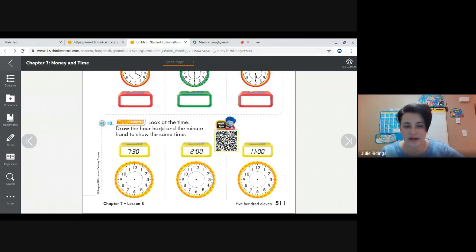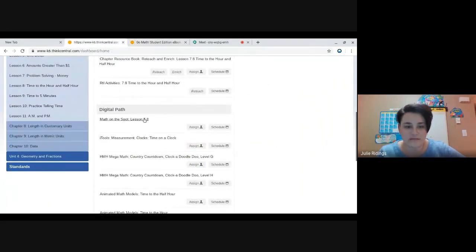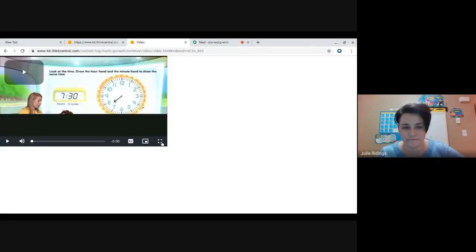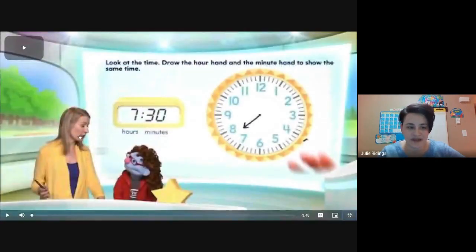Draw the hour hand and the minute hand to show the same time. So now they flip-flopped. Instead of giving us the clock filled in and we write in the digital, they're giving us the digital and then we write in the analog clock. So let's get our math on the spot up. Here we go, guys. Are you ready?